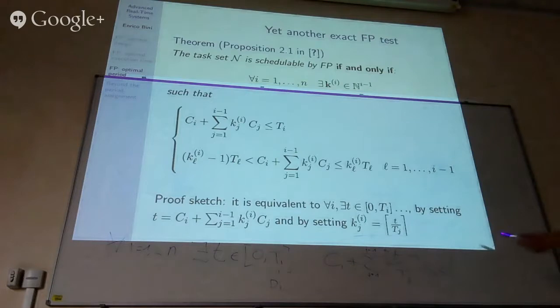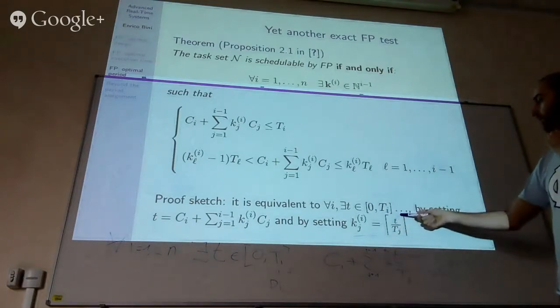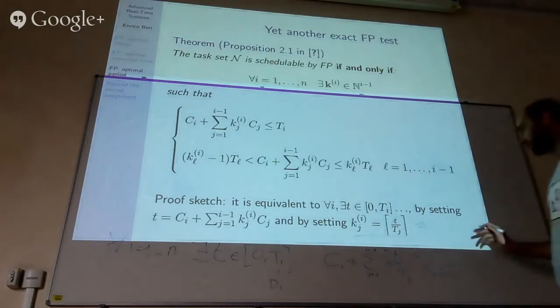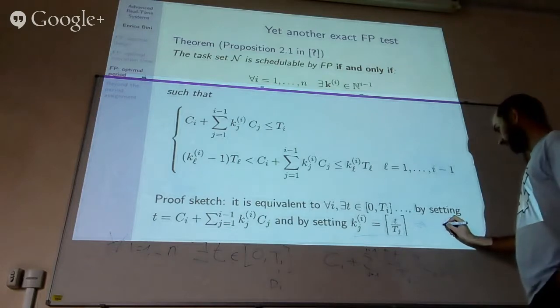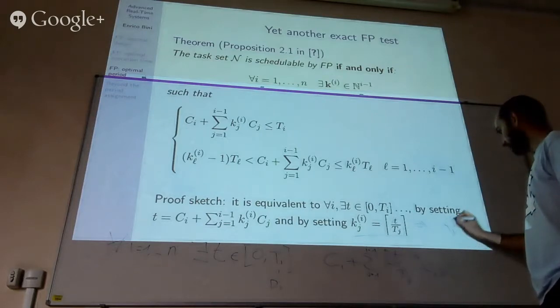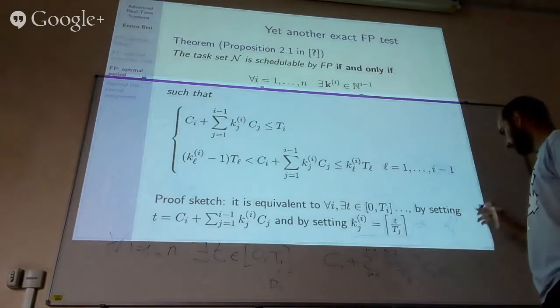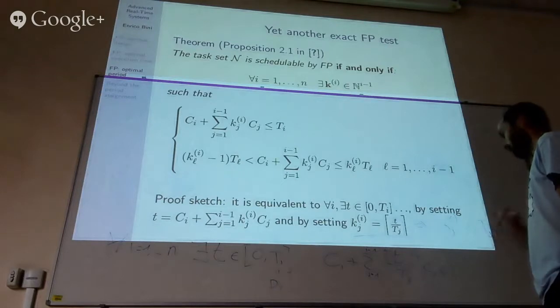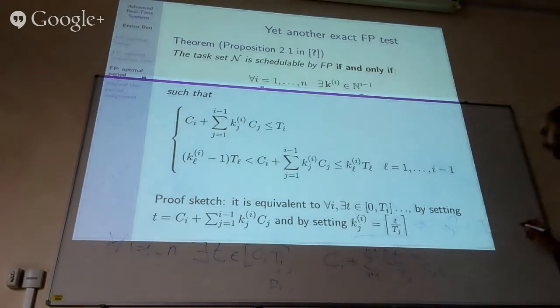Now, because of the ceiling properties, from this choice of K, I certainly know that K_{j,i} is the ceiling, so minus 1, Tj less than T, less than or equal to K_{j,i} Tj.